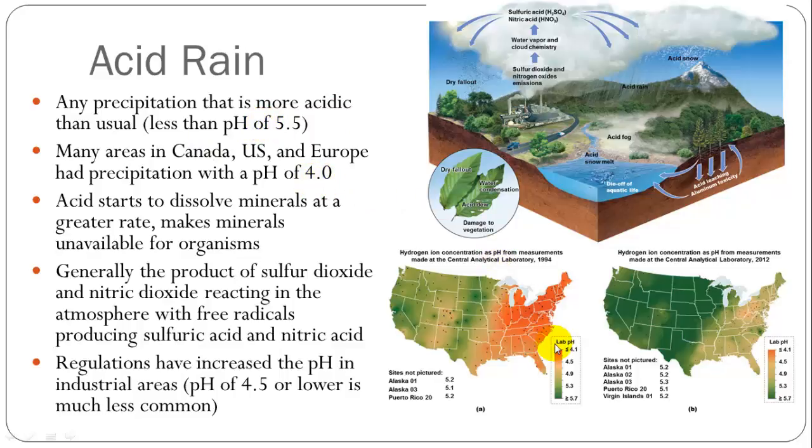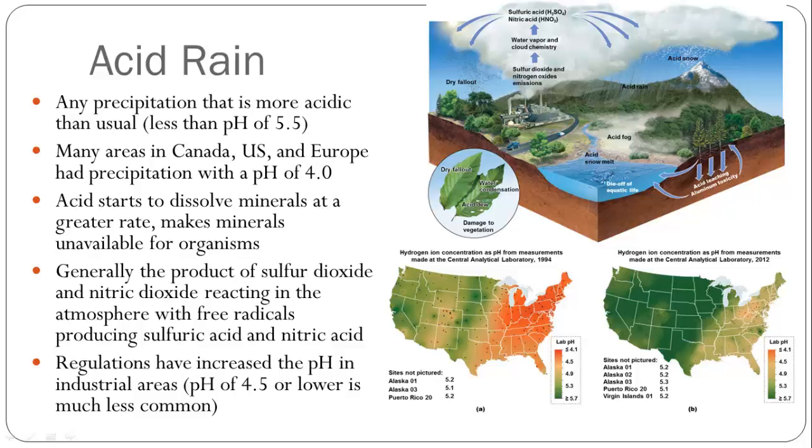And what it caused was a lot of damage to vegetation, and damage to minerals, which normally were in streams and waterways and allowed the growing of animals and plants. Those minerals got caught up and started reacting with the acid, and so were unavailable to plants and animals.